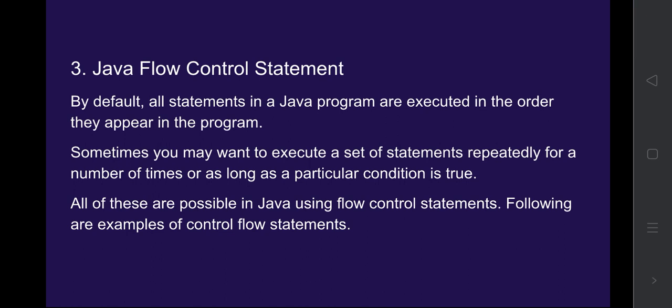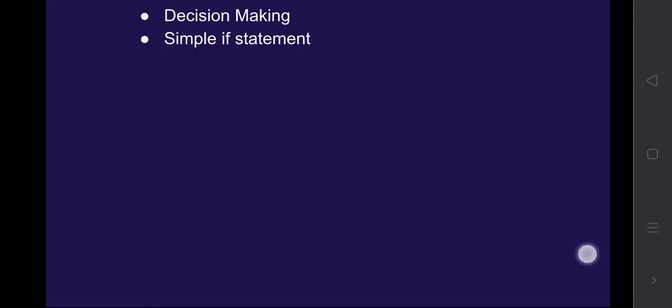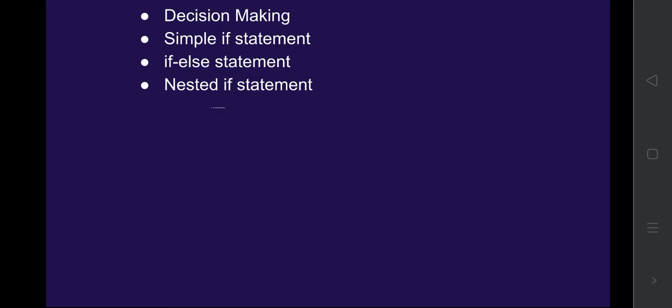So we have seen the diagram that explains the different types of flow control statements, and they are given the names decision making: simple if statement, if else statement, nested if statement, switch statement. So these all come under decision making.